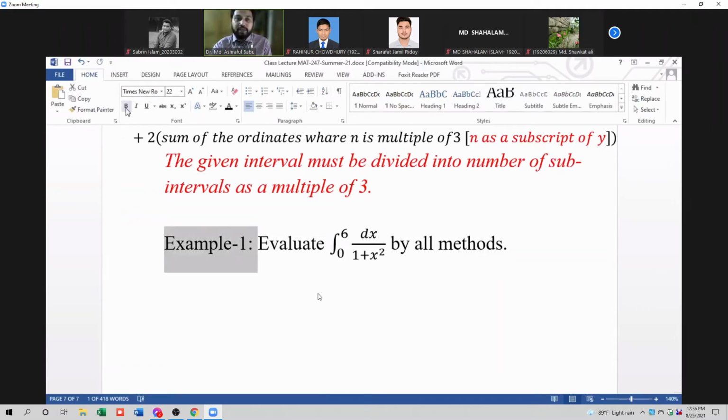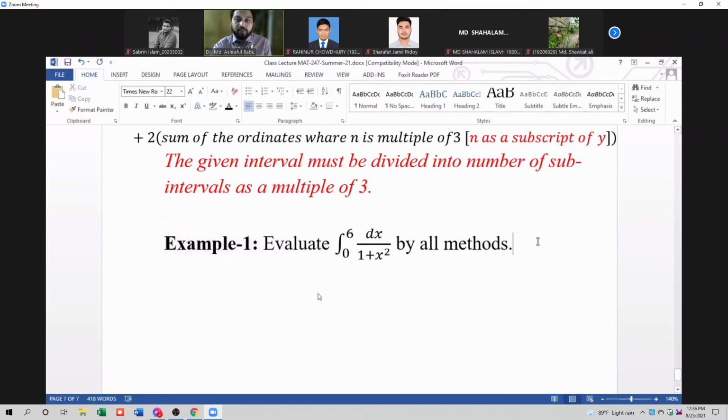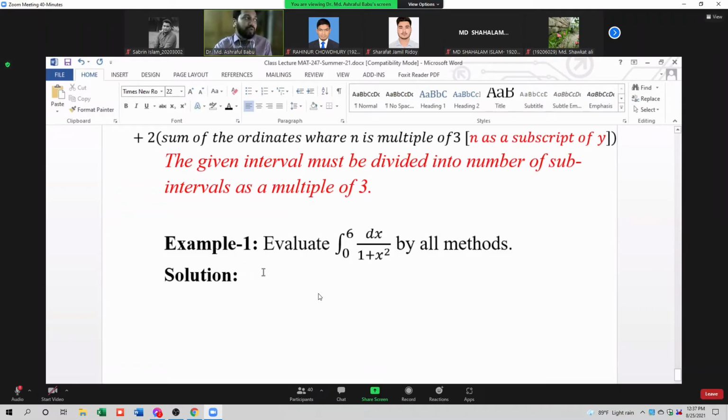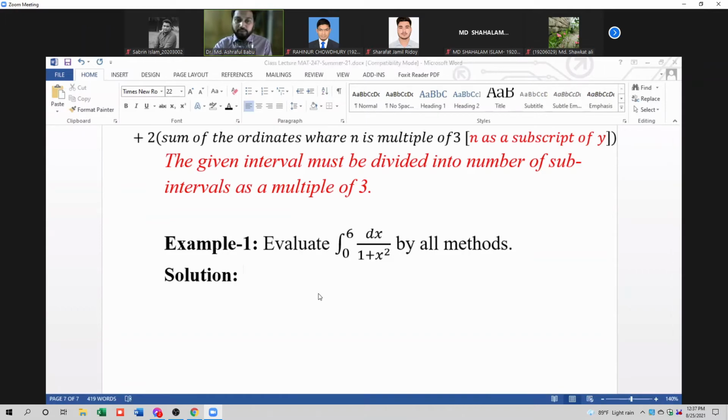Evaluate this by these 3 rules. So first of all, what do we have to do? We have to create subintervals, and the intervals must be equal intervals. That you have to keep in your mind.